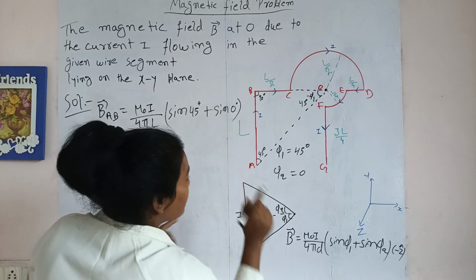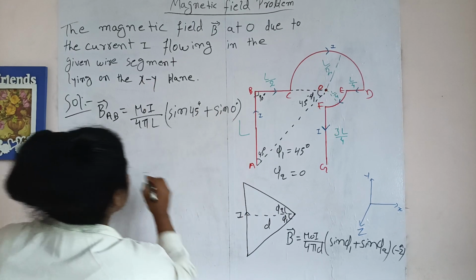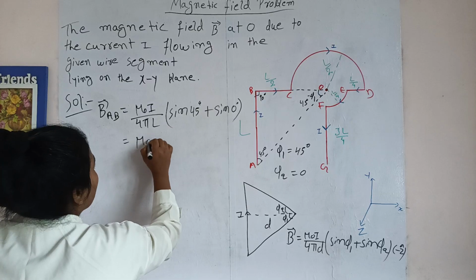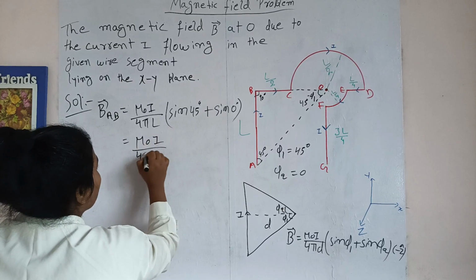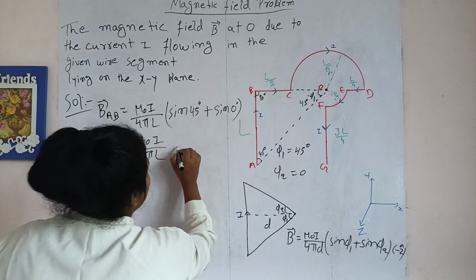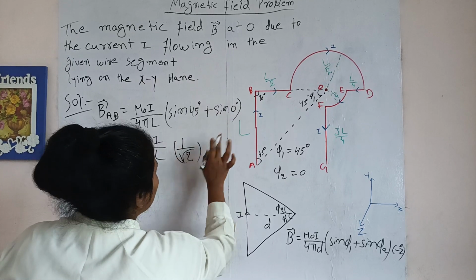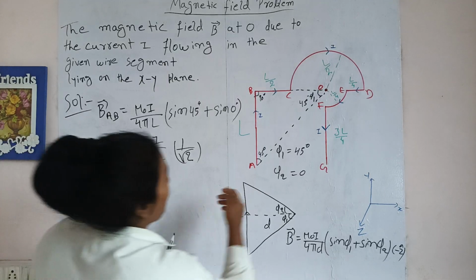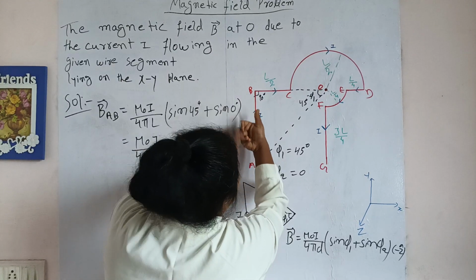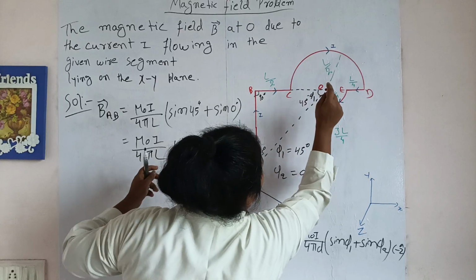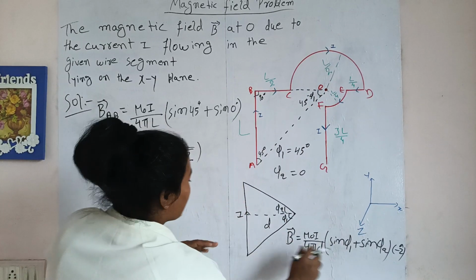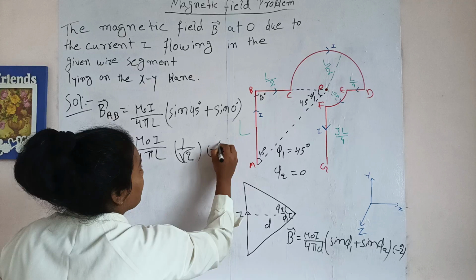Now sine 0 is 0, so that term disappears. Mu naught I by 4 pi L, and sine 45 is 1 by root 2. The direction of this magnetic field will be downwards, in minus z hat, as I have explained.